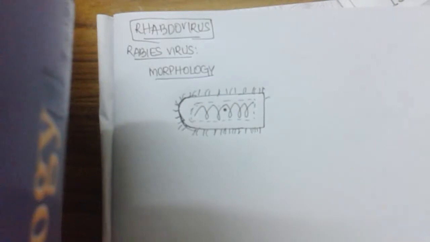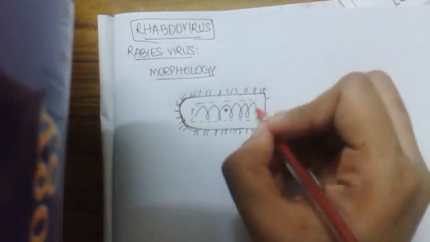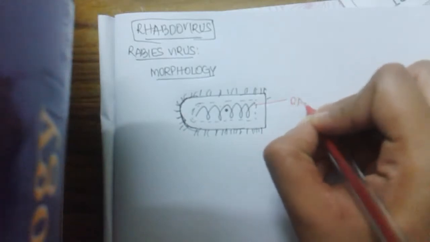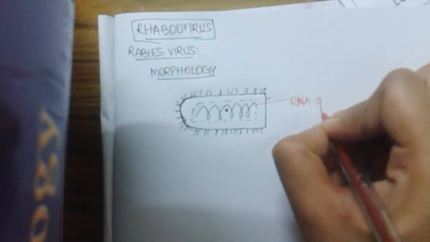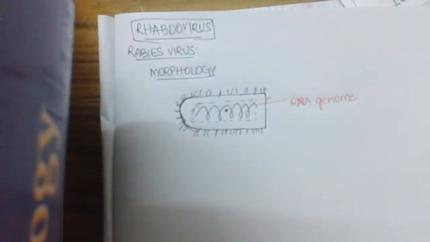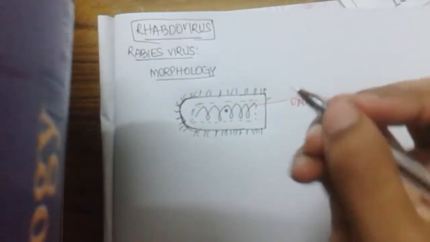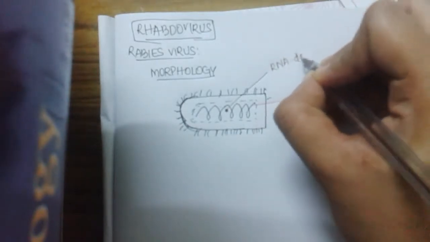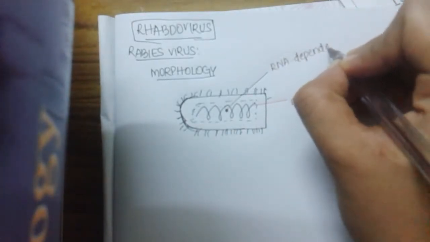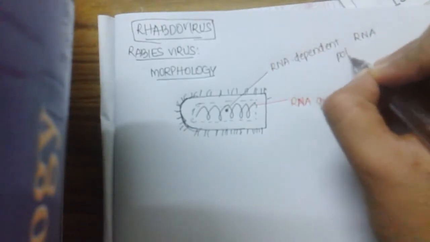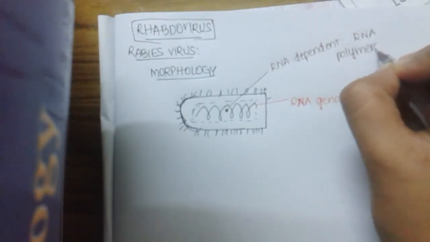First let us label it. So this is RNA genome, right? And this is RNA dependent RNA polymerase.